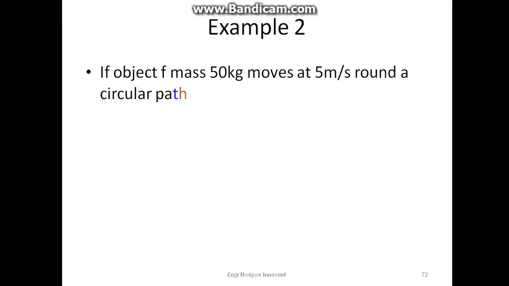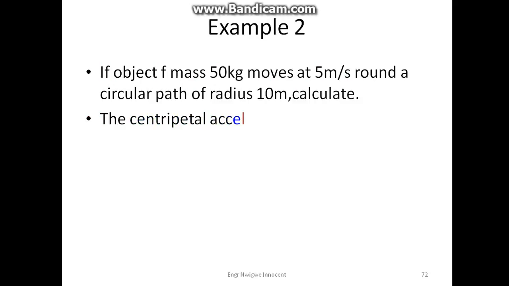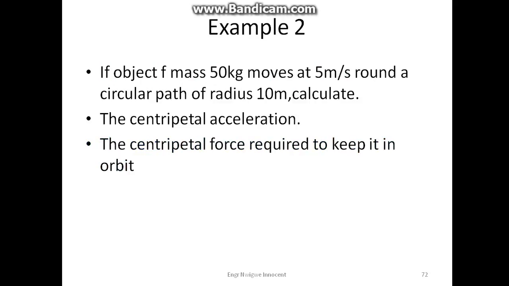Example 2. If an object of mass 50 kg moves at 5 meters per second round a circular path of radius 10 m, calculate A, the centripetal acceleration, and B, the centripetal force required to keep it in orbit. Solution.